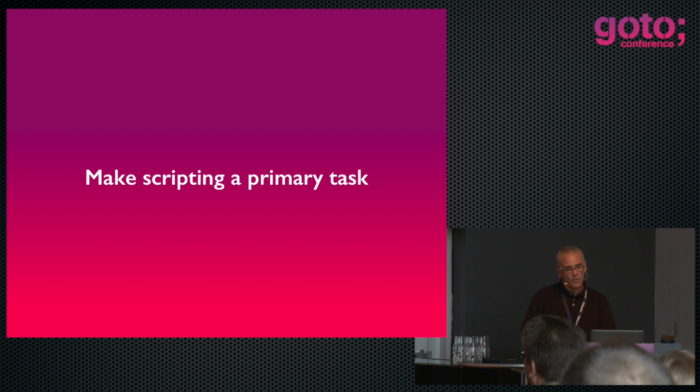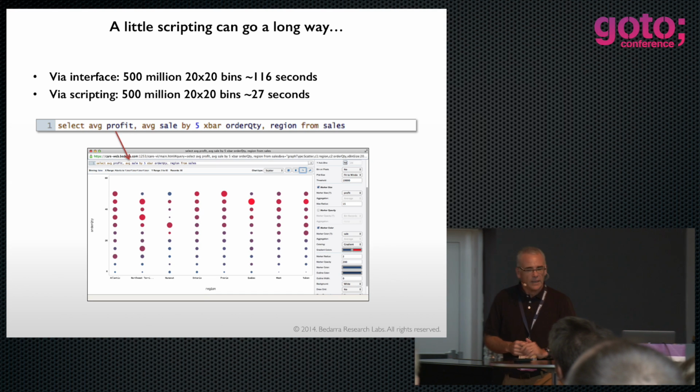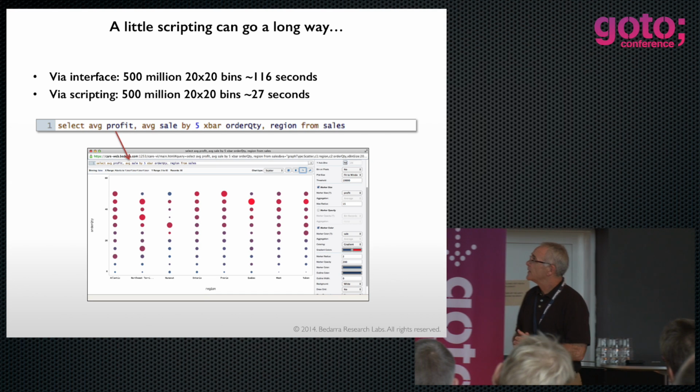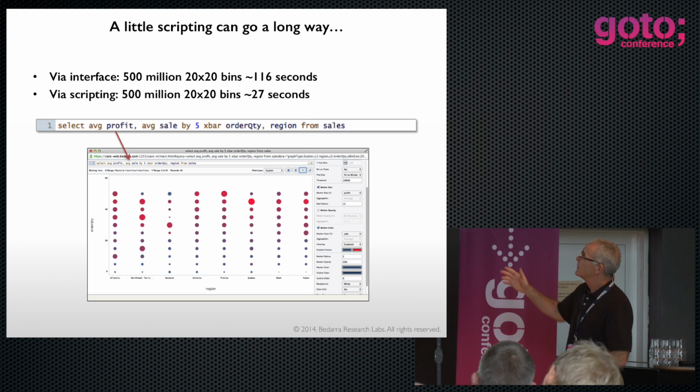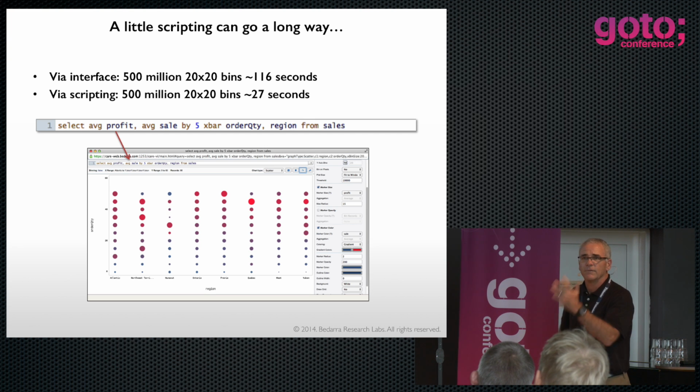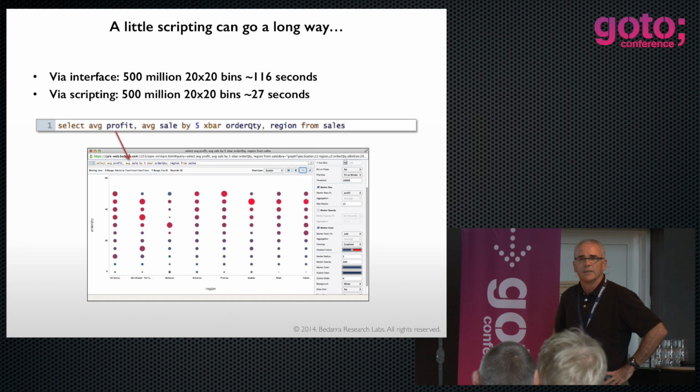Okay, so my last point is making scripting a primary task. Okay, and why I say that is that using our interface, we can render 500 million points in about 116 seconds.